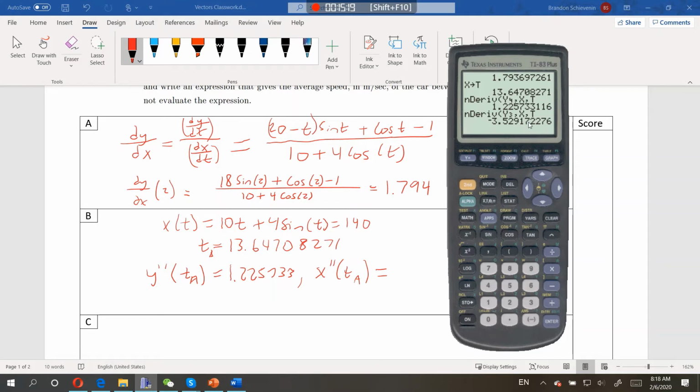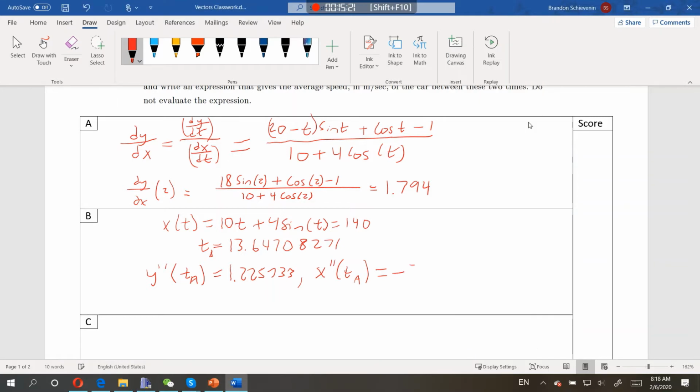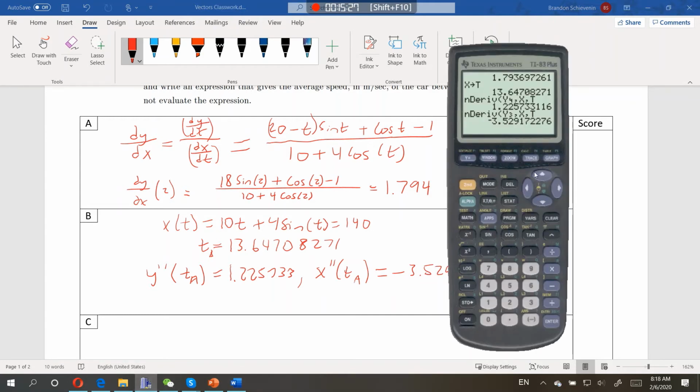I should have stored those values. Store as alpha b. I'm going to go back and do my y's again. Okay, store as a.